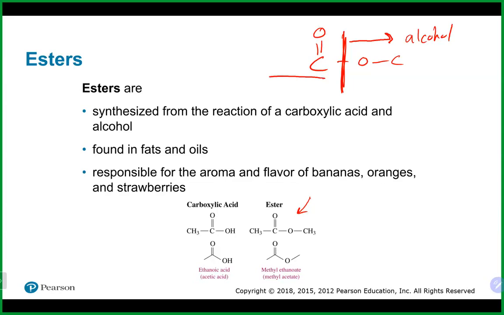Going towards the carbon-oxygen double bond, it's always the carboxylic acid side. And that's really important in terms of how we name esters, which side you're talking about. Again, going away from the single bonded oxygen towards the double bonded oxygen is always the carboxylic acid side, and heading away from the double bonded oxygen is always the alcohol side.